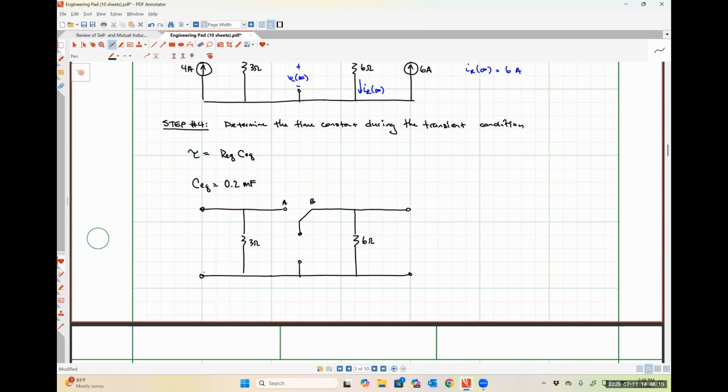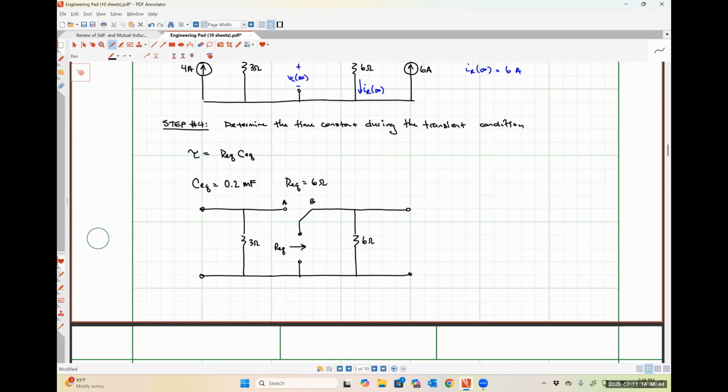And we are looking in through the terminals left behind when we took the capacitor out. So, what do we see? Your only resistance in question is the 6 ohm. Exactly right. So REQ is just going to be the 6 ohm resistor in this case.